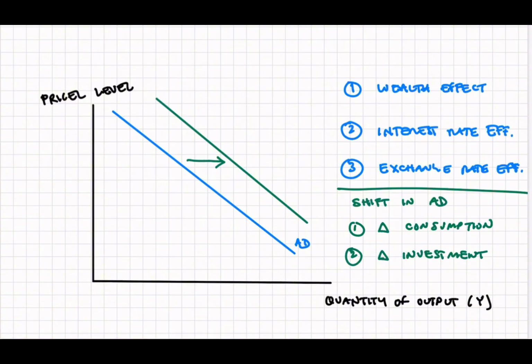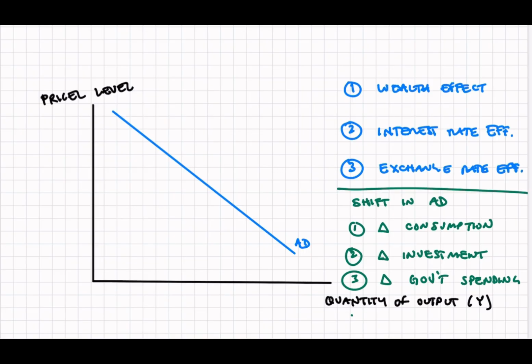A third thing we might think about might change would be government spending. And this is the one we see the most, is the government can adopt a policy that will increase their spending. They might want to build more roads and such. That would also cause an increase in the aggregate demand.